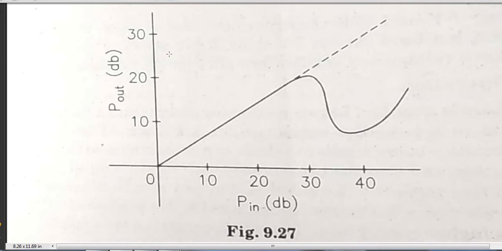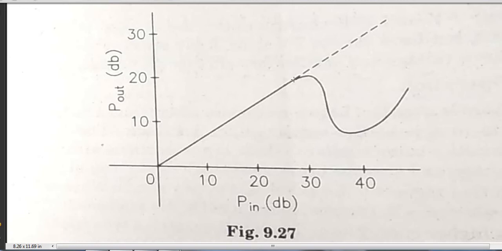We see that when input power is moderate, from this point to this point, in this particular region output follows input power, meaning as we increase the input power, our output power is also linearly increasing, but this is up to this point.